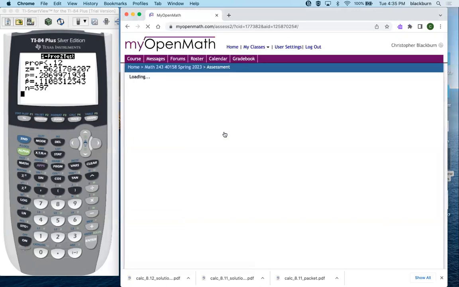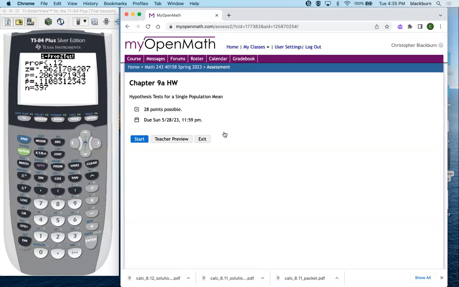9.0a. So we're talking about hypothesis testing this week. Hypothesis testing is basically testing out whether what you think is true is actually true. And the way they do it is they fit a situation to a particular test. You have the z-test, which uses the normal distribution. So if you know the population standard deviation, you're going to use the z-test.